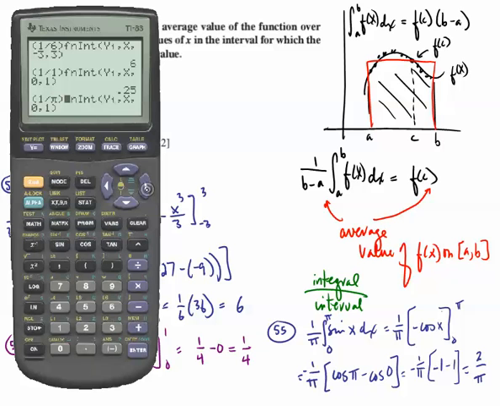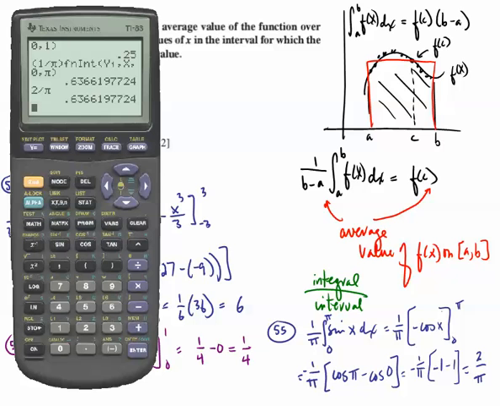So I have 1 over pi, the integral of y1 x from 0, which we have, up to pi. And so all I have to do is change the pi there and run. And it says that the answer is 0.6366. So let's see if that equals 2 divided by pi. And it's exactly the same.